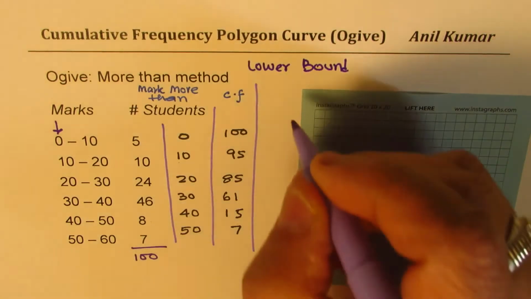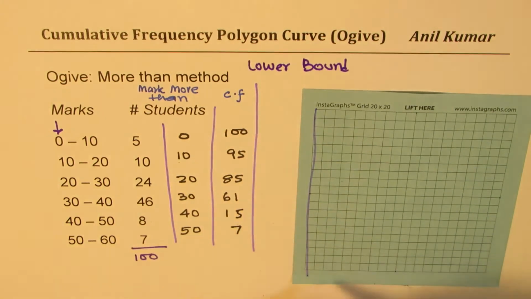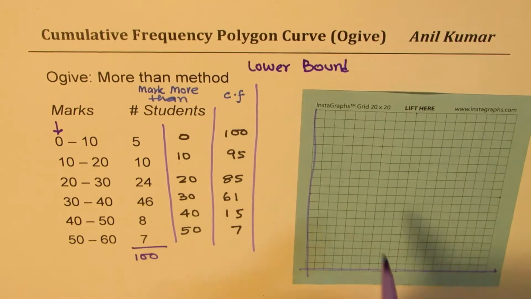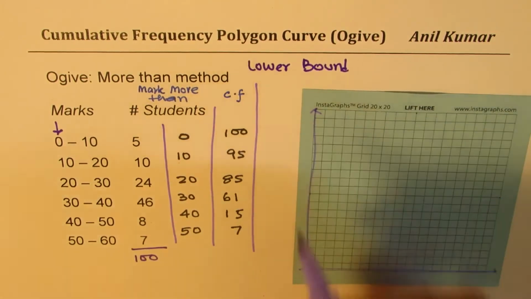So again, let's now sketch this graph. You'll notice that the graph when drawn with the less than was going upwards. Now here, this has to fall downwards, correct?